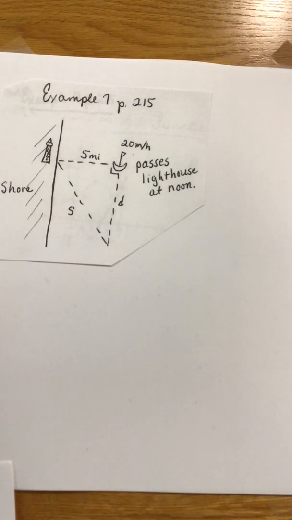So the first thing it says is the ship is traveling at 20 miles per hour parallel to a straight shoreline. Okay, so we're going to label some things.